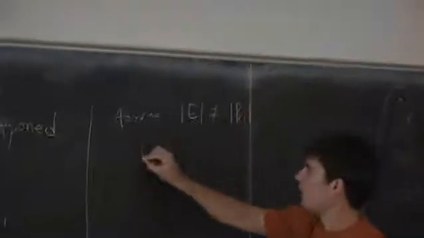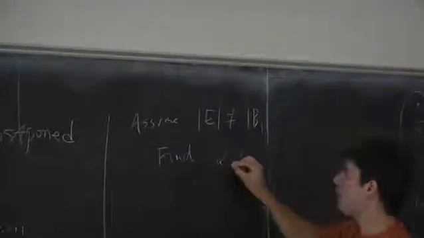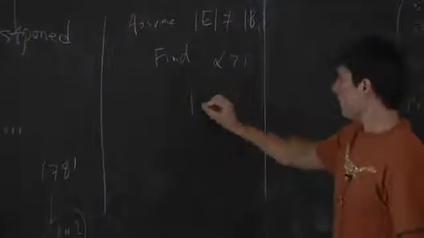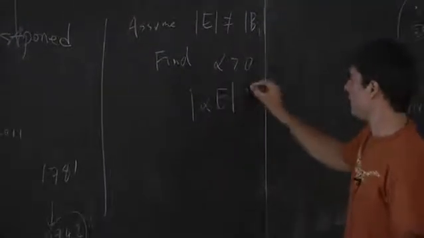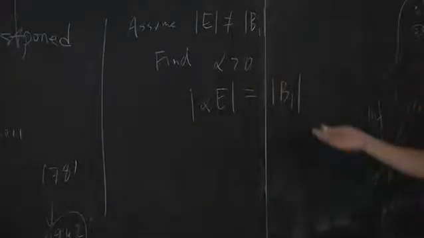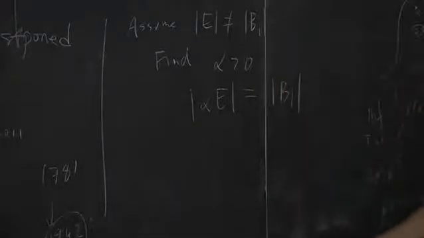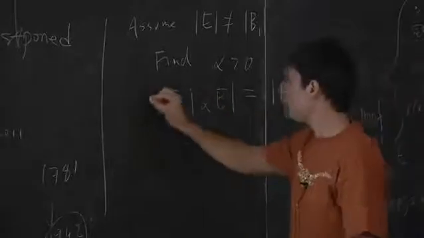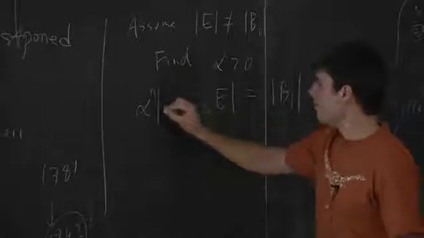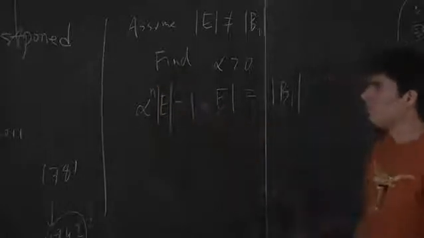Then find alpha, some positive number, so that this holds. We can do that because this is equal to alpha to the n. Just think of three-dimensional space if you're uncomfortable with n.